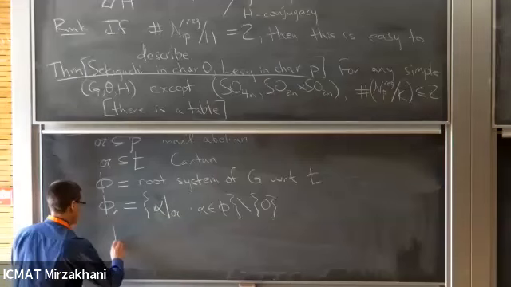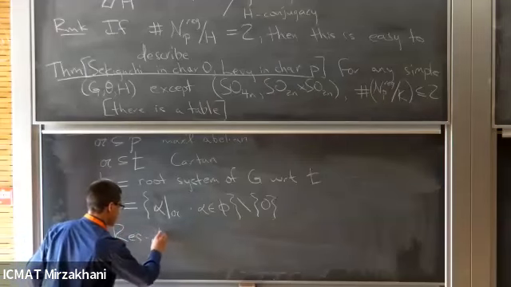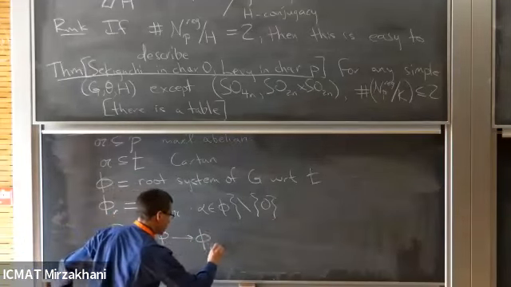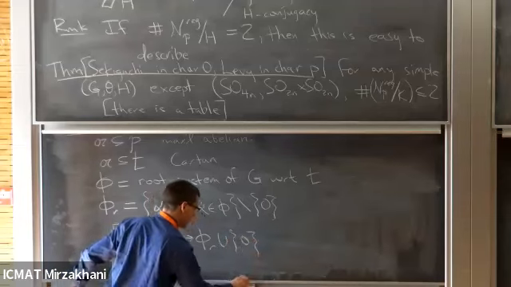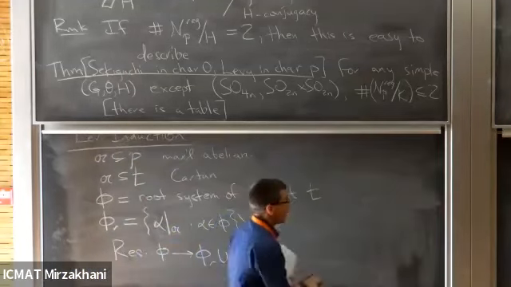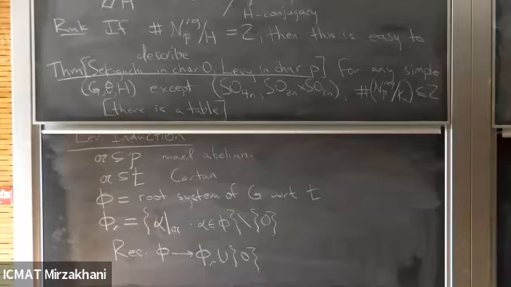So I have some natural restriction map from Φ to the restricted root system union 0. And in this case, we have analogous statements to those we have for the Lie algebra in invariant theory.